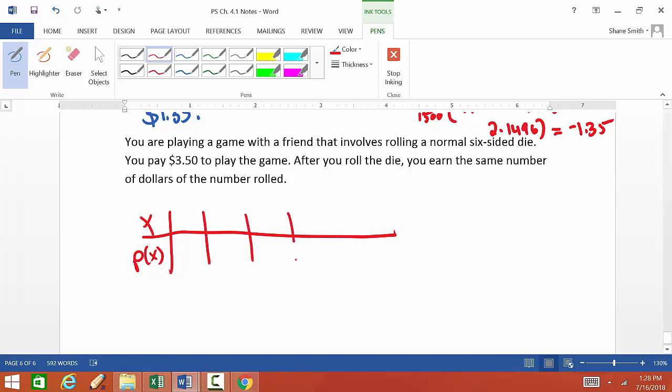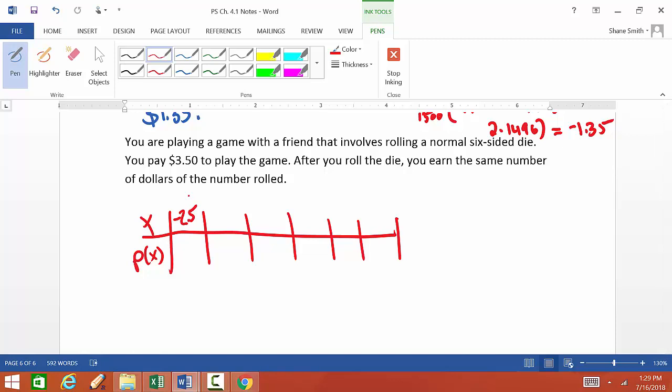So what this means is, let's say I roll a 1. Well, that means I gained $1. But if I rolled a 1 and gained $1, I still had to pay $3.50 to play the game. So in the end, I'm really losing $2.50, right? Because if I gained $1, I still paid $3.50.